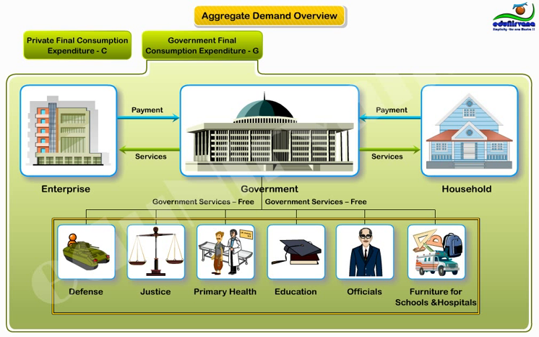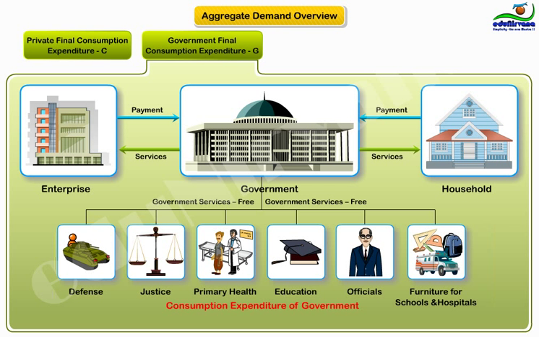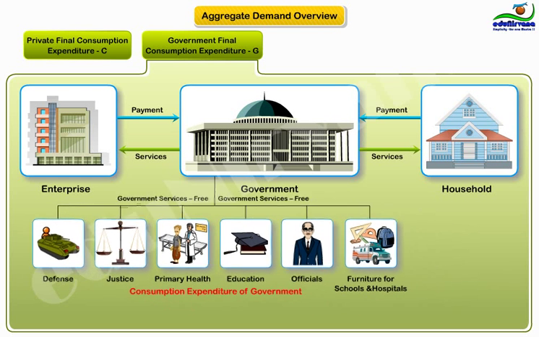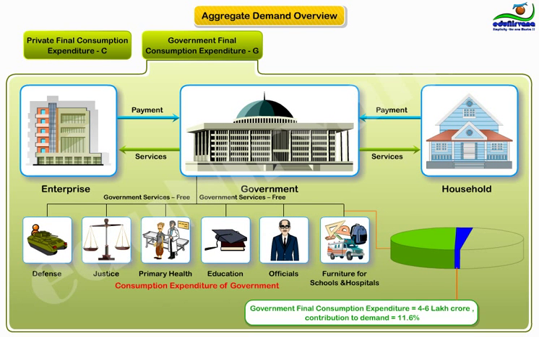This total is the consumption expenditure of the government, and it consists of purchase of non-durable goods and services by the government. The total contribution of government final consumption expenditure in total expenditure in the Indian economy is around 4 to 6 lakh crore rupees in the last few years, which forms around 11.6% of total expenditure in the economy.